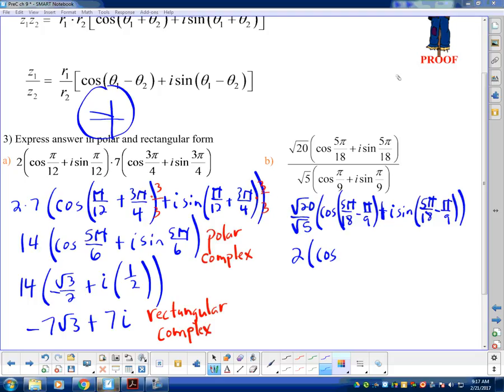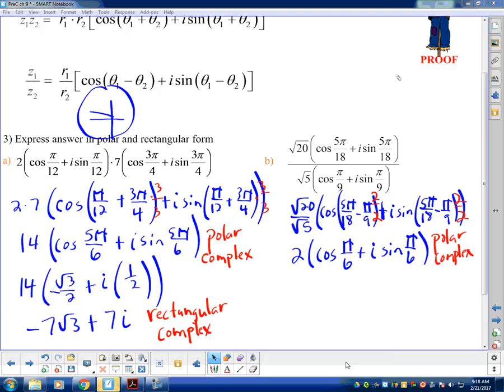Multiplying by 2 over 2, 2 over 2. So 5 pi minus 2 pi is 3 pi over 18, which is pi over 6, plus I sine pi over 6. That's my polar complex form. And quick substitution here.